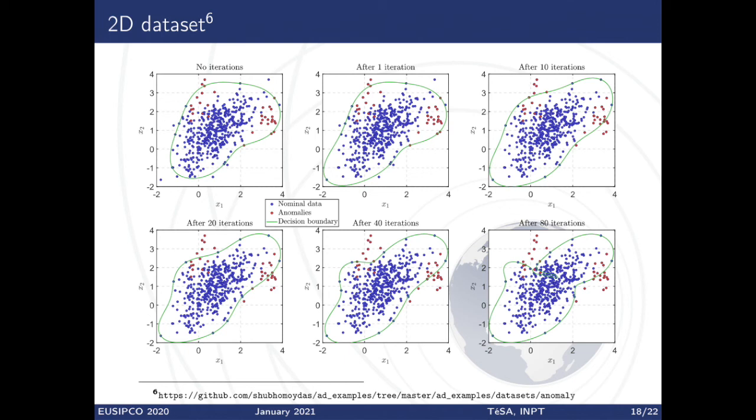And after there, we had some feedback. So here there are only one feedback, then 10, then 20, 40 and 80. And as we can see, the boundary converges to this function here, letting a huge part of anomaly outside and the most part of nominal data inside.